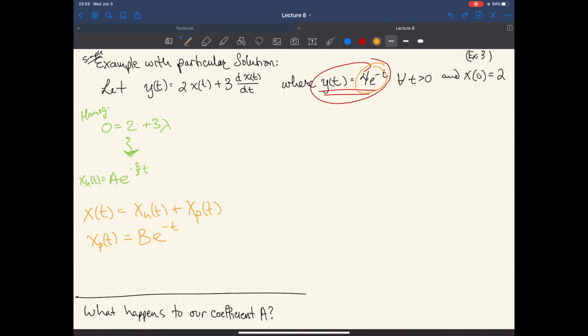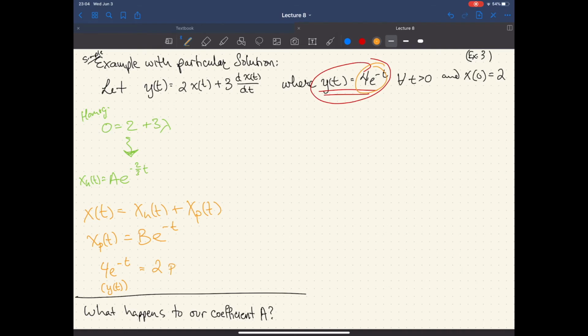Okay, so let's plug this guy into our differential equation. We have 4e to the minus t, that's our y, right? This is our y(t). This is equal to 2 times x, but it's x, our particular solution, not the total solution, just the particular solution, because the particular solution can stand on its own.